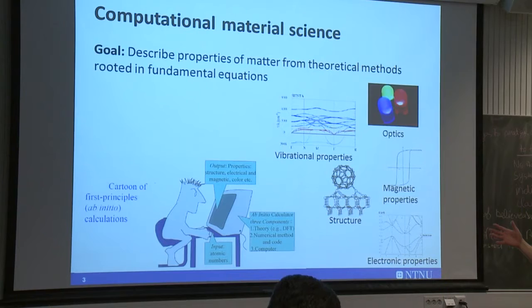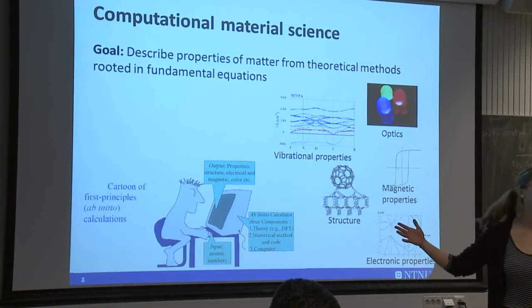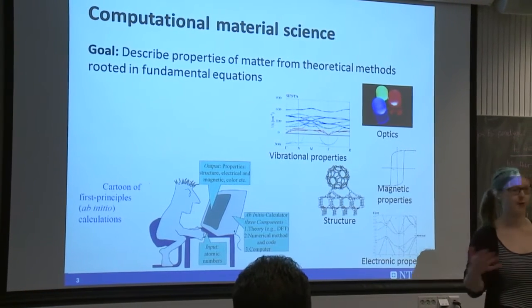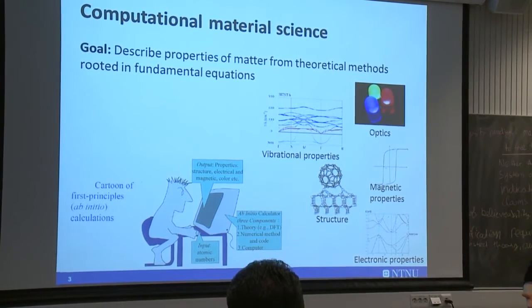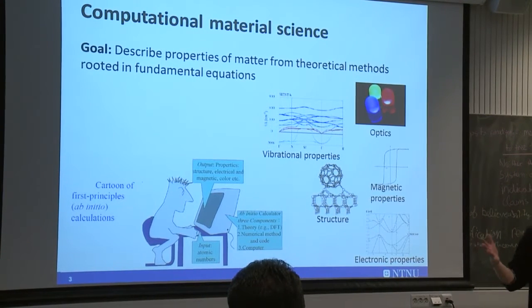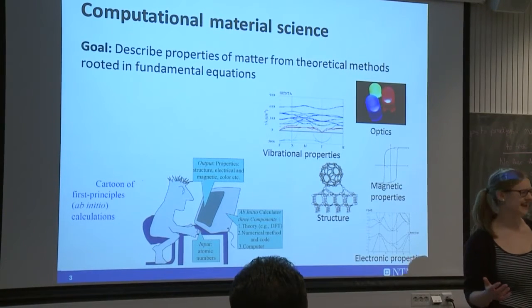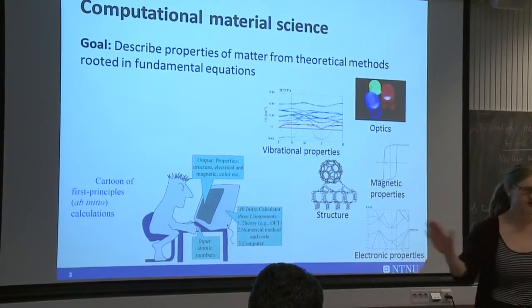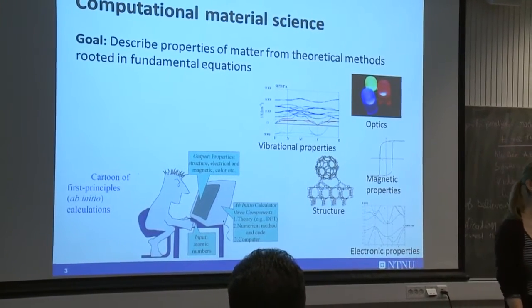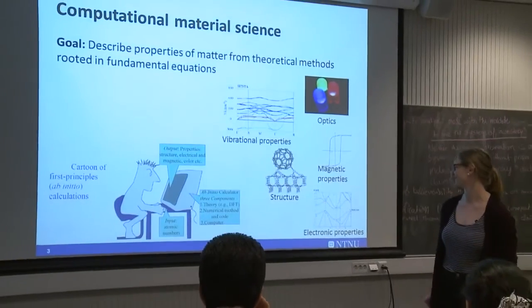So DFT calculations are also called first principles calculations or ab initio. That means from the beginning. It just means that density functional theory, the whole theory, is not based on any empirical parameters. It's just plain and simple quantum mechanics building up the world, right?